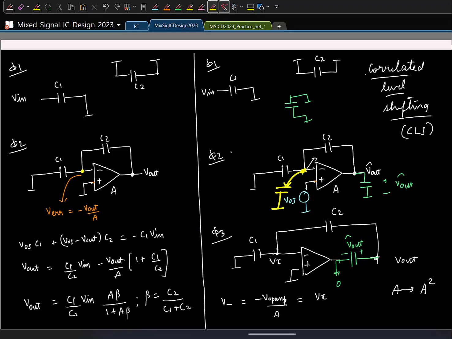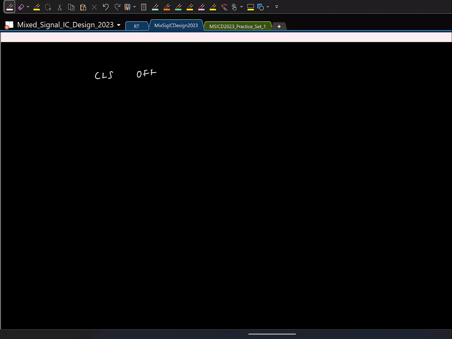If we charge the capacitor from here, we can get information on offset. But since we are doing it at the output side, we can't get any information about offset. So this doesn't correct for the DC offset. So that is one difference. CLS, I'll just say offset, and for that case flicker noise, it doesn't correct.